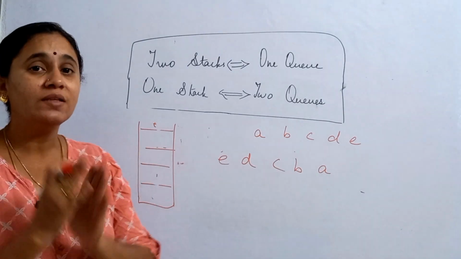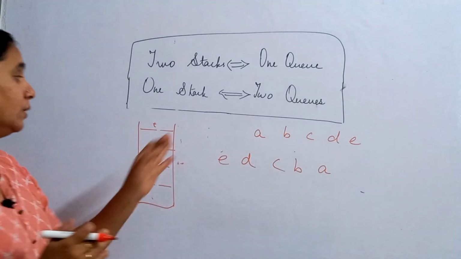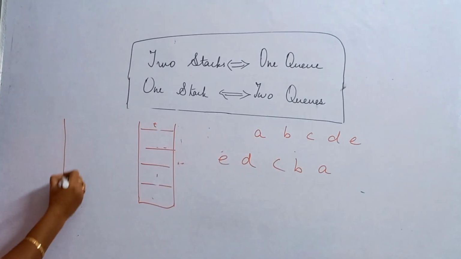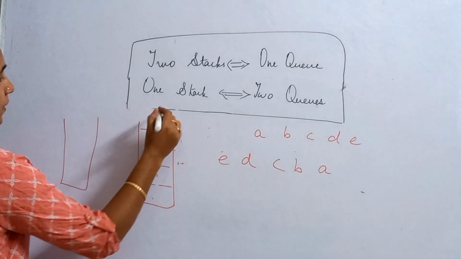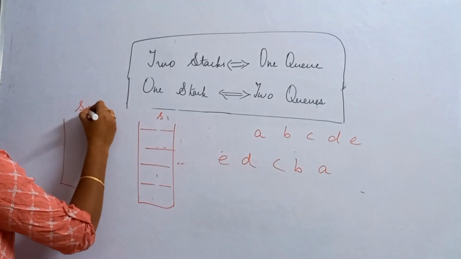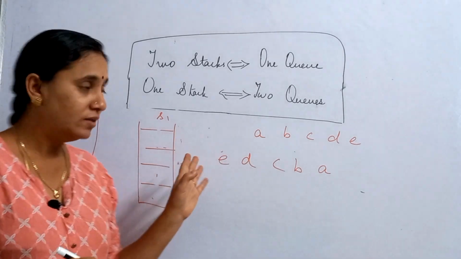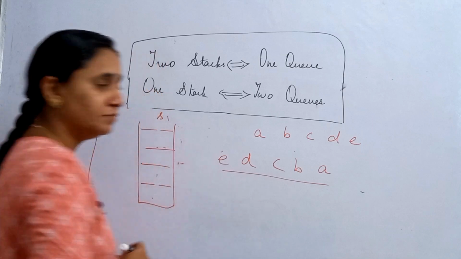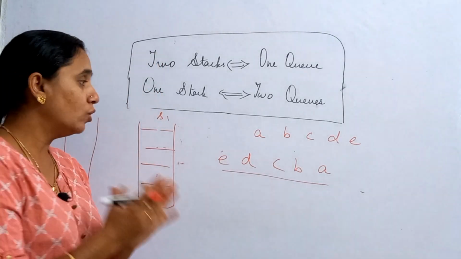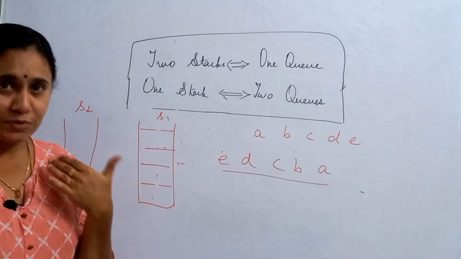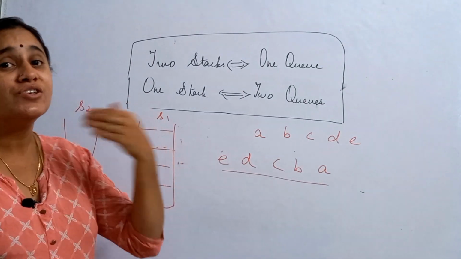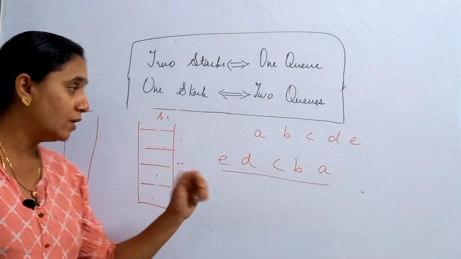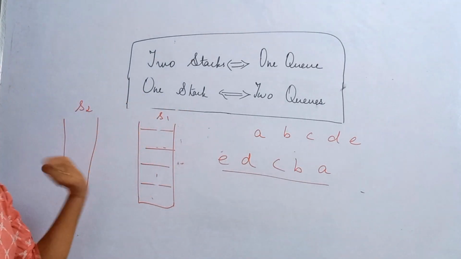So, in order to get the same output, I have to implement another stack. So, that is stack 1. Let me draw here. Okay, so let it be S1 and S2. From S1, I have retrieved all the elements and I got this output. Isn't it? Now, in order to get the same output, what I have to do is, every time I retrieve an element from stack 1, I have to instantly insert it into stack 2.